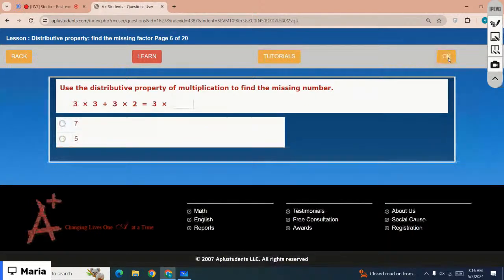So which number is missing? The missing number is 5. Very good. The correct option is 5.